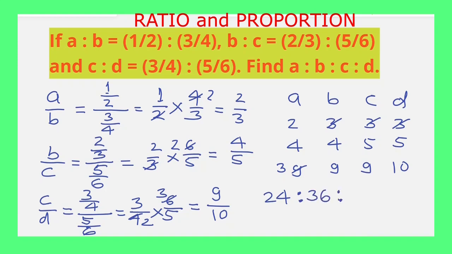Ratio 9 times 5 is 45. Ratio 10 times 5 is 50. So our answer to the question is A ratio B ratio C ratio D equal to 24 ratio 36 ratio 45 ratio 50. Here completes this video.